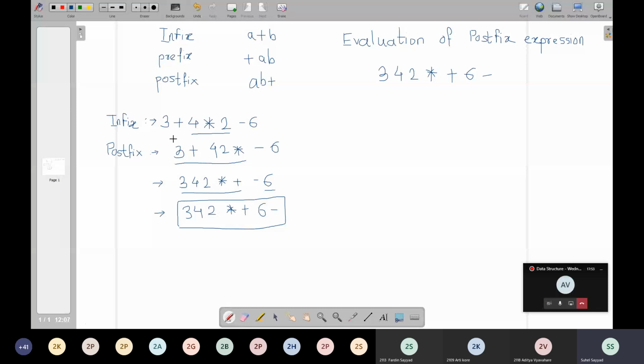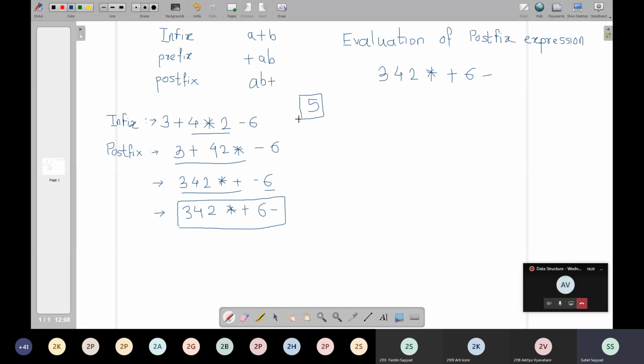So the infix expression for this problem is 3 plus 4 multiplied by 2 minus 6. If I solve this, what will be the answer? 4 multiplied by 2 will be 8, correct? And 3 plus 8 will be 11, and 11 minus 6 will be 5. So the answer for this particular infix expression is 5.